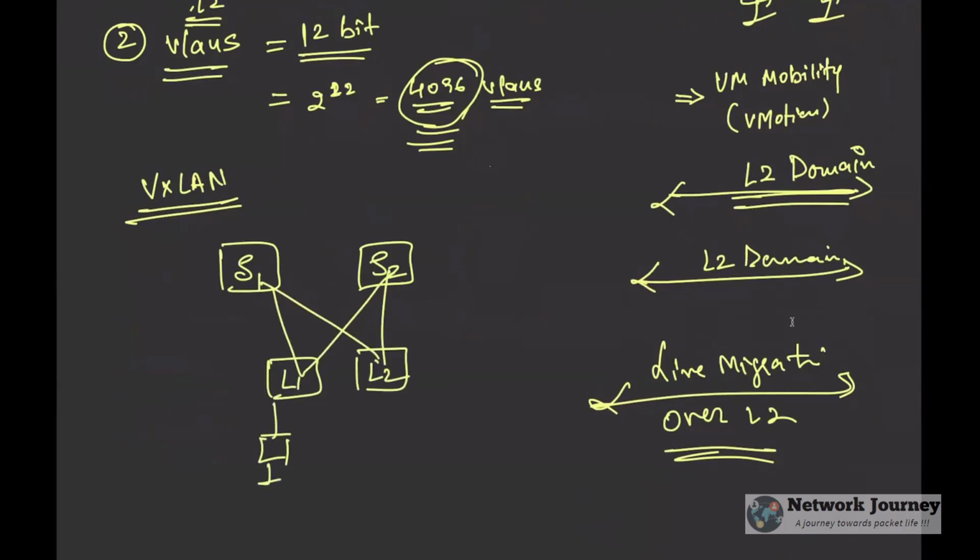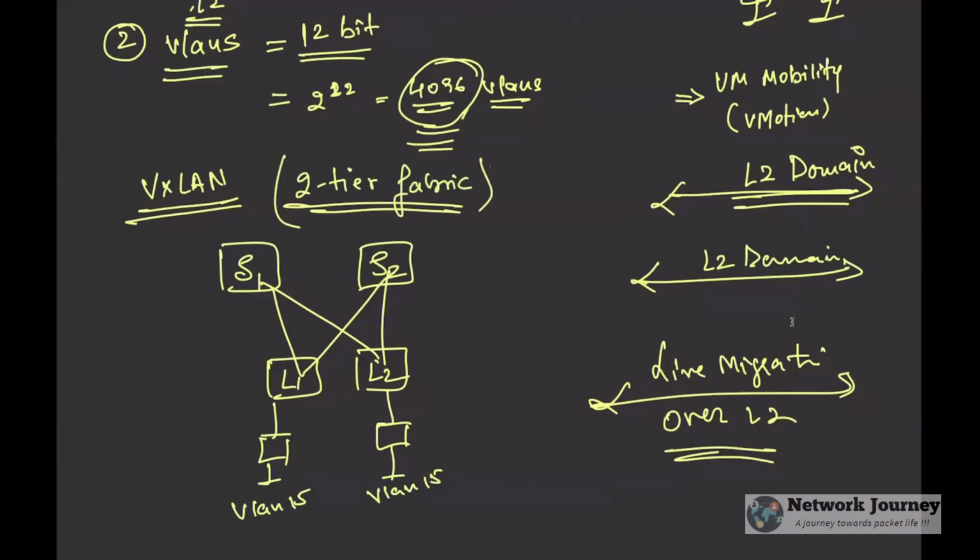So if this is a particular host in a particular VLAN, for example VLAN number 15, and this is also in VLAN 15, and we are running L2 links between our spines and leaves, this is going to be a 2-tier fabric, or 2-tier architecture, where you will have 2 tiers.